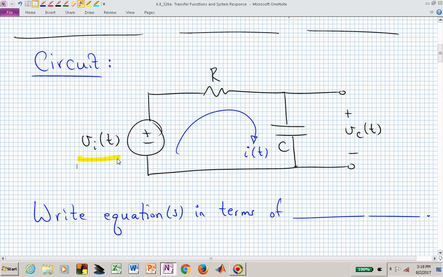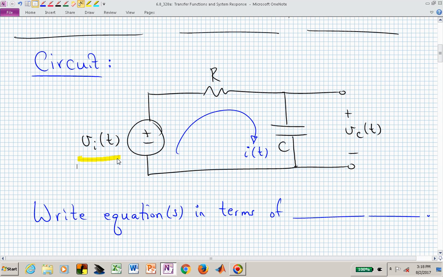First off, is it going to be a differential equation? Or step back again, do we have any energy storage devices? If that resistor and capacitor were now just a resistor 1 and a resistor 2, this would be an instantaneous circuit and there would be no energy stored in that circuit.